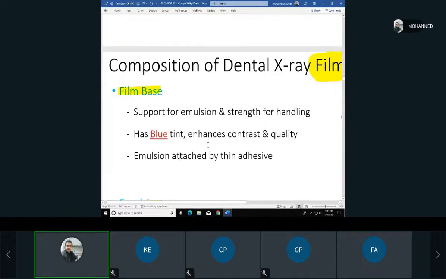If you get a film that is not exposed at all, was not hit by X-ray, and you process the film and take it out, you will see it looks like a blue-tinted plastic thing. And then the emulsion is attached by a thin adhesion to the film base.